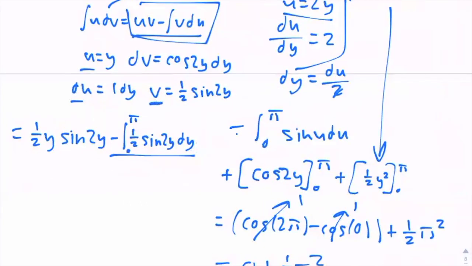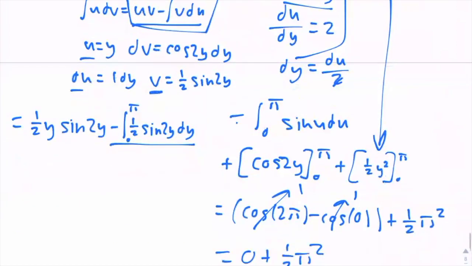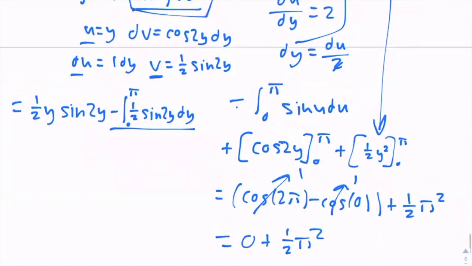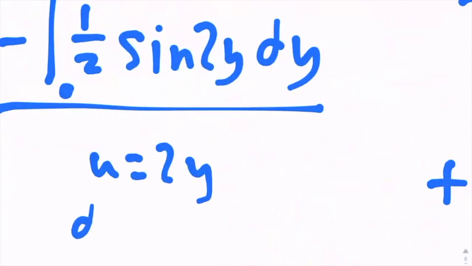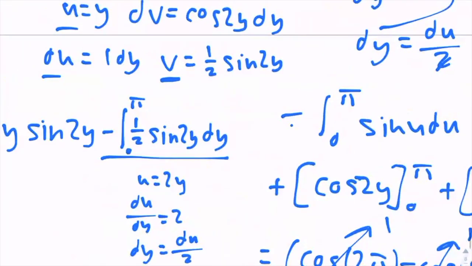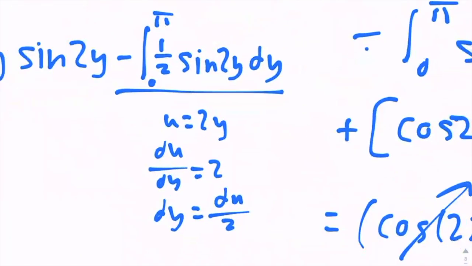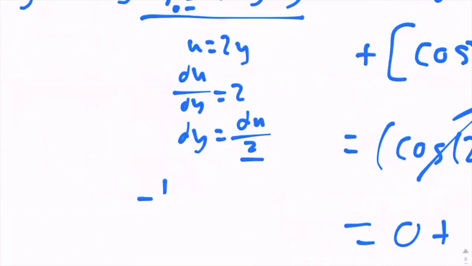And as we did over here with the integral of sine 2y, we can simply look over here and see that we did u sub. We said u is equal to 2y, du over dy is equal to 2, hence dy is equal to du over 2. But not like before, our 2's don't cancel out. Instead, when we multiply 1/2 times 1/2, we get minus 1/4 integral of sine u du.